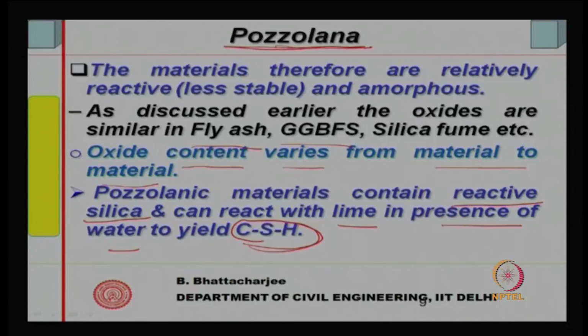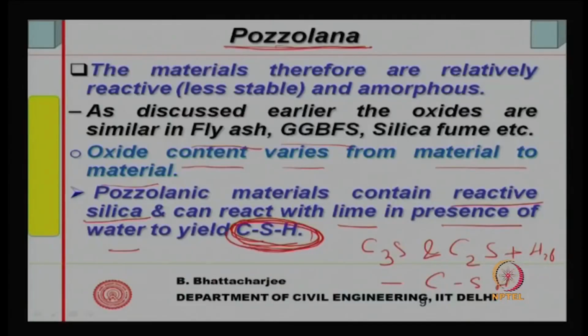We have seen that when cement reacts with water, C3S and C2S react with water and give rise to CSH. In ordinary Portland cement clinker, lime and silica are mixed together and heated, calcined, to obtain the clinker. But here, you take reactive silica and reactive lime, mix them together in the presence of water, and they react and produce the same sort of product, CSH.